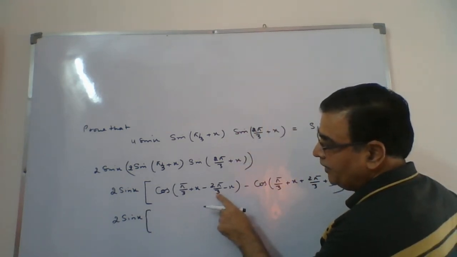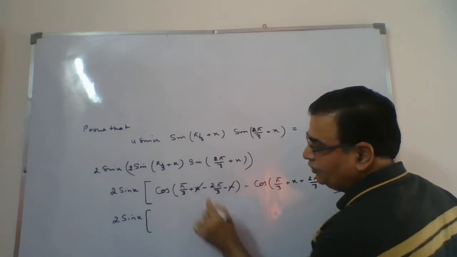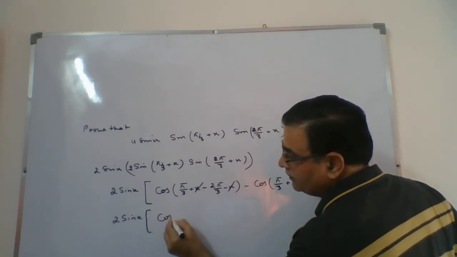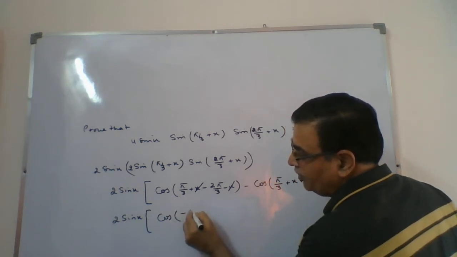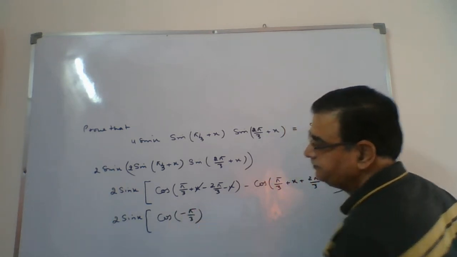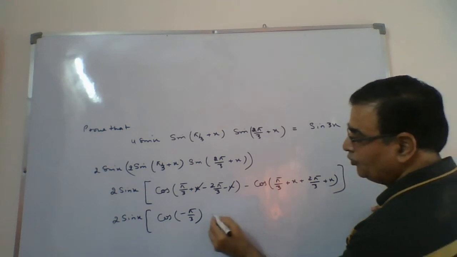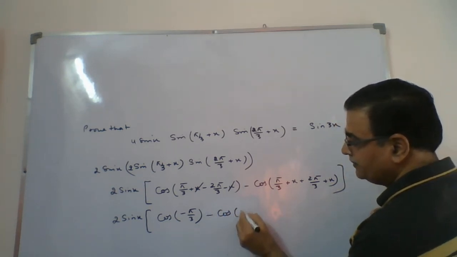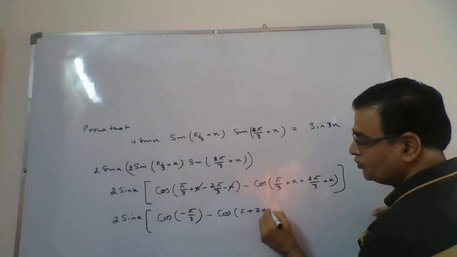The π/3, 2π/3, and x and x get cancelled out. π/3 minus 2π/3 leaves cos(−π/3). And here it comes out to be minus cos(π/3 + 2π/3), which is π, plus 2x.